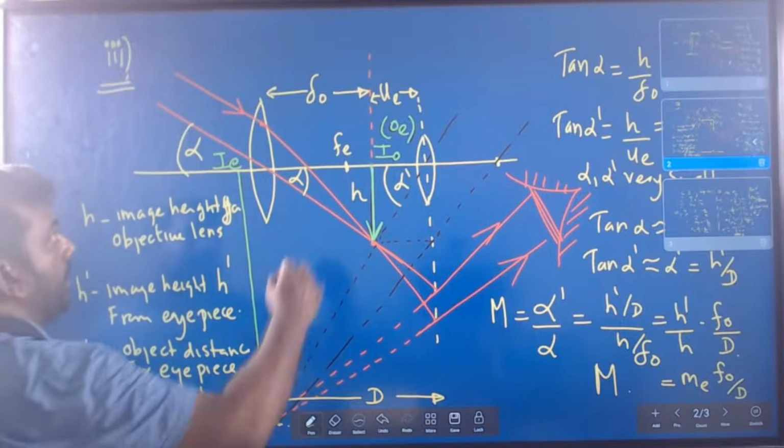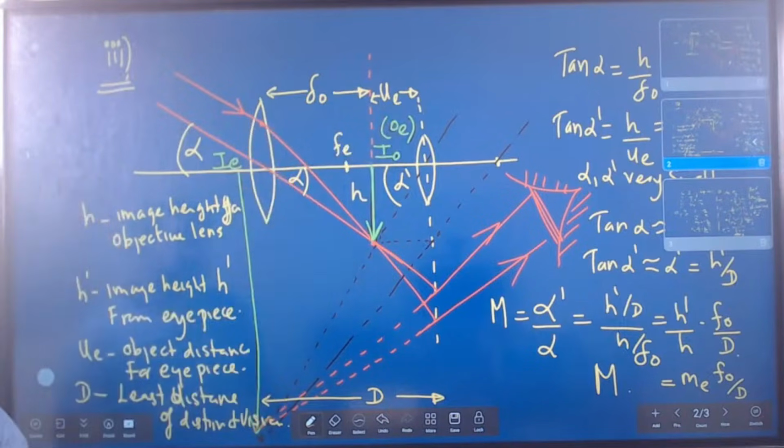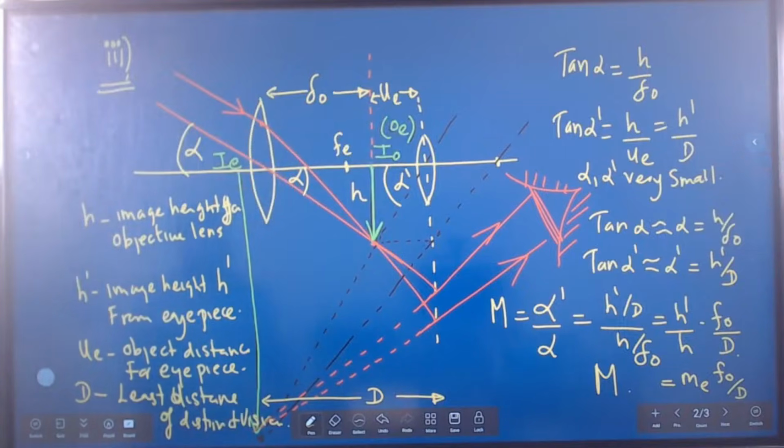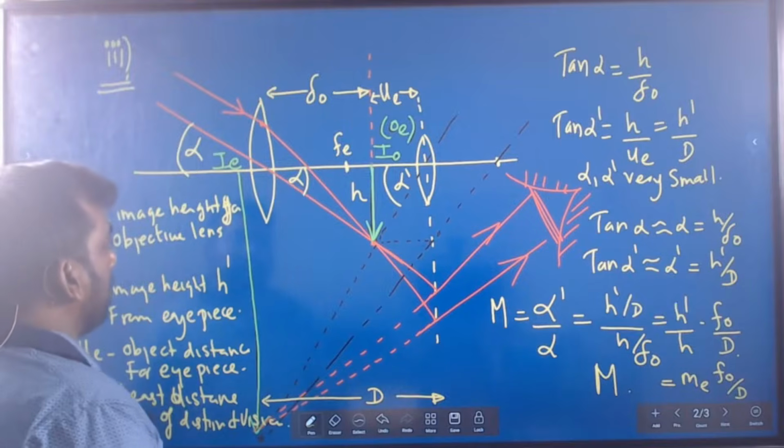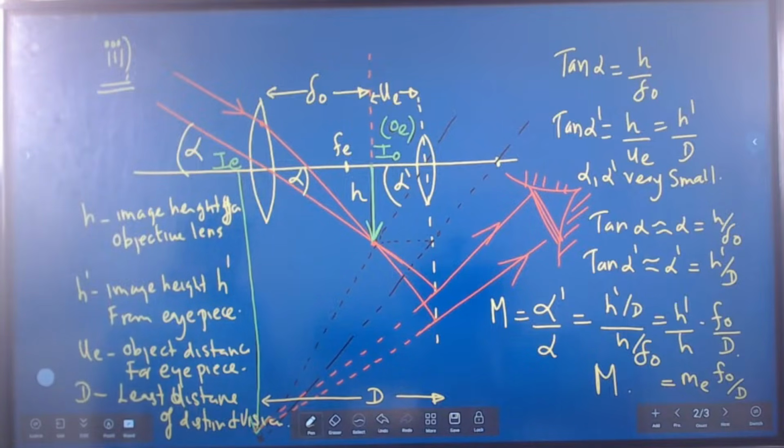Now, what is the distance here? What are they telling you? To view the object closer, the above adjustment means when the final image is formed at the least distance of distinct vision.